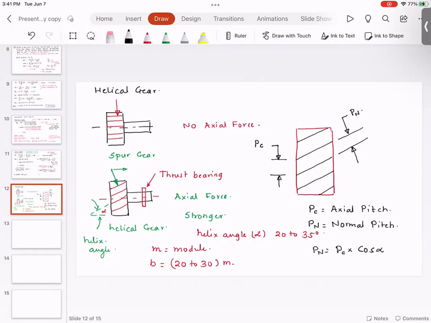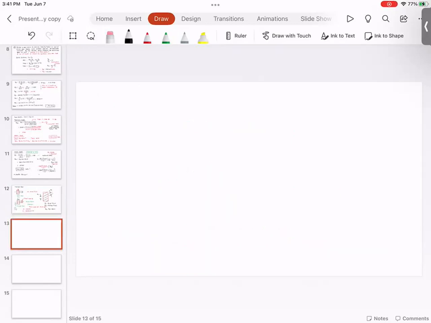Now, in order to overcome the issues with the axial force, sometimes what we do is we use double helical gear.